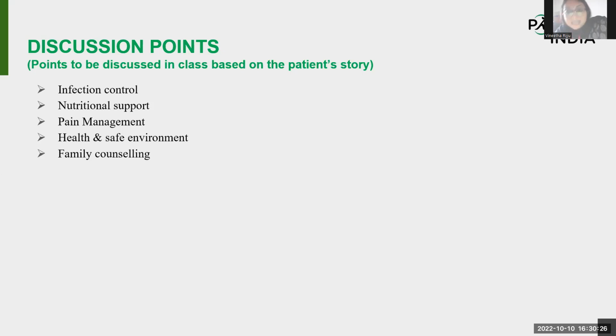Tell her that she is passing stools now. So her pain is well controlled, which is a good sign. At least for now, things are in control. So try to give her some hope that things are not as bad as what she thinks right now it is.